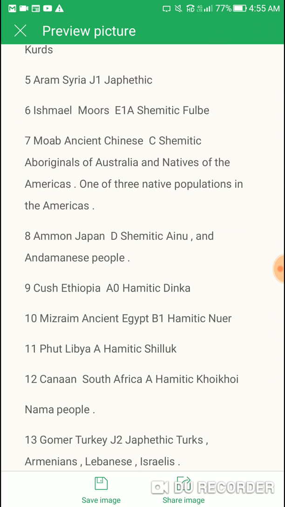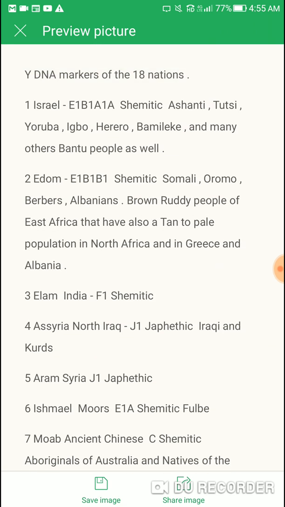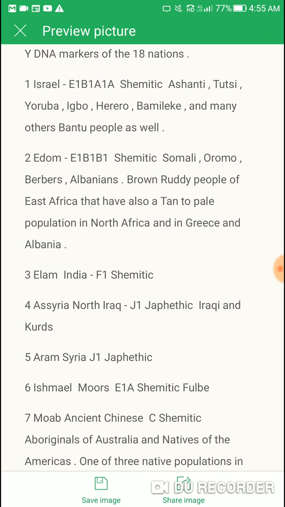All right. So this is the revised version of the 18 nation chart. With Israel, I just did a few of the known E1B1A groups of Bantu people, and there would be the Ashanti, the Tutsi, different big groups, small groups, and mid-sized groups.